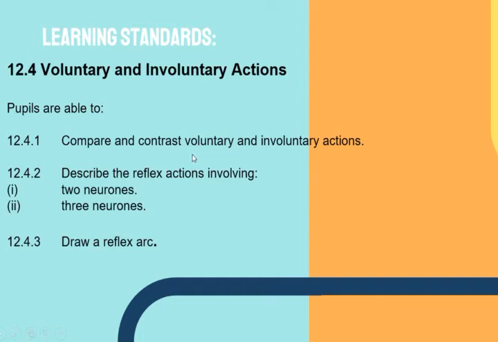Number 2, describe the reflex actions involving 2 neurons and 3 neurons. And the last one, draw a reflex arc. So these are the learning standards that you have to cover for today's lesson.